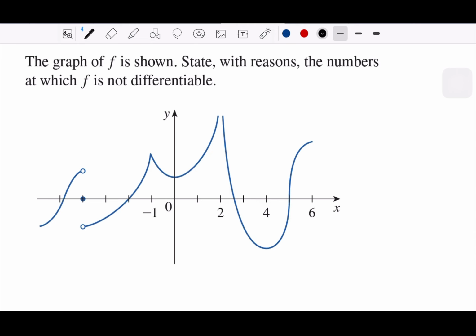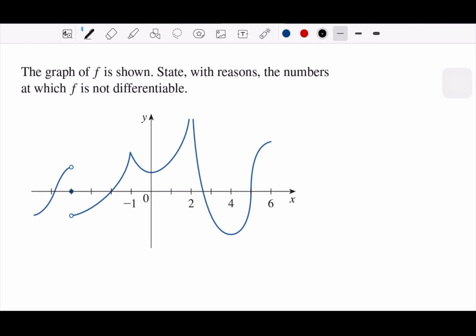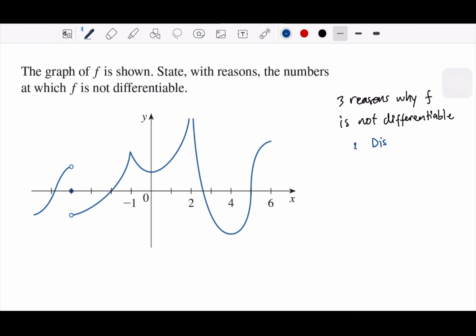Okay, the next question is more analytical, and I think it should be easy if you follow my notes in the class. There are at least three reasons why f is not differentiable. Let me write here to give you some notes. First is, of course, if you have a discontinuity.